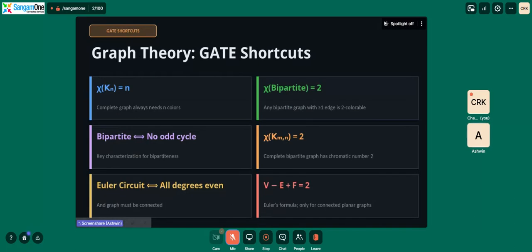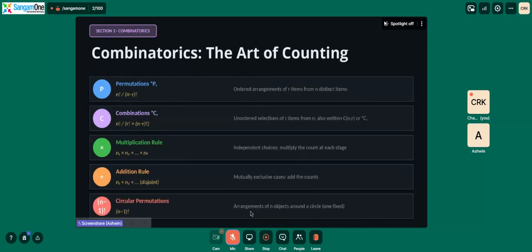Next, moving on to combinatorics. In exam level questions we have encountered permutations and combinations and all, which will be repeated for GATE, which is the most important one.